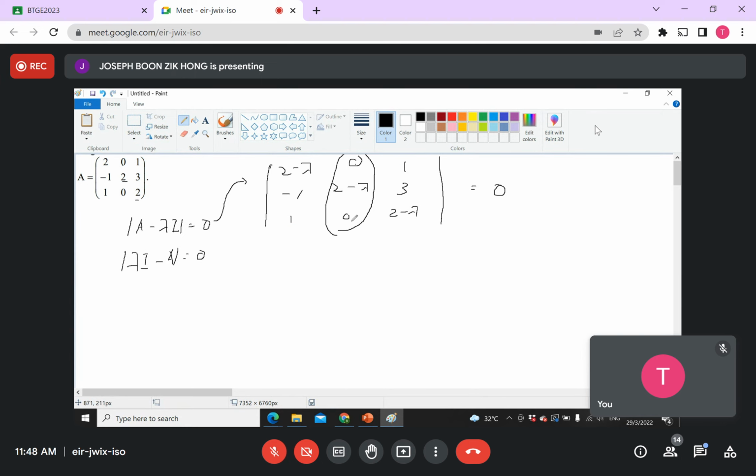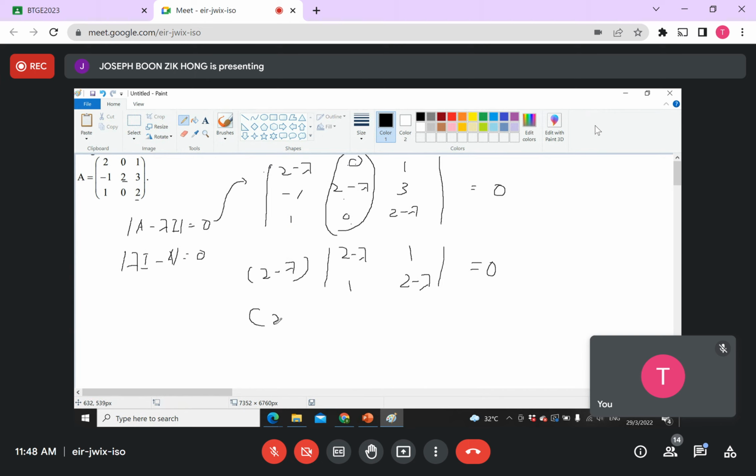Because of the 0, 0 here, so I don't need to calculate so much. So plus, minus, plus. So 2 minus lambda times 2 minus lambda, and then 1, and then 1, and then 2 minus lambda equal to 0.